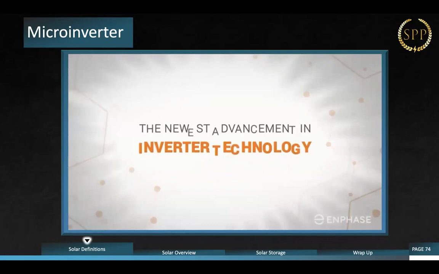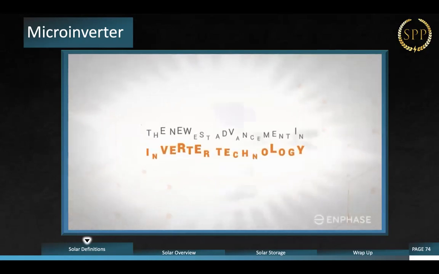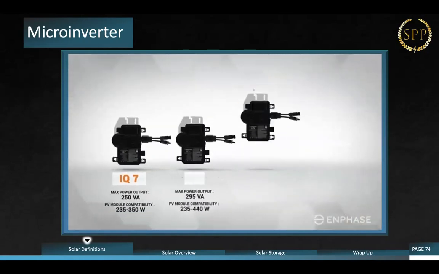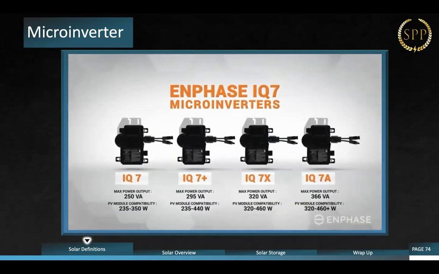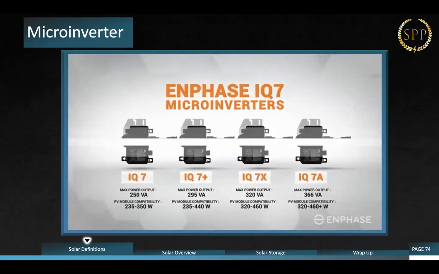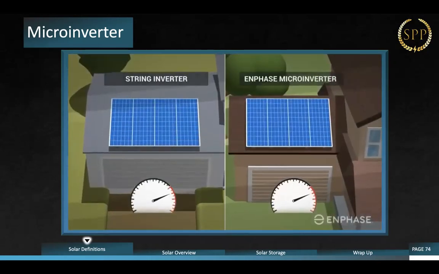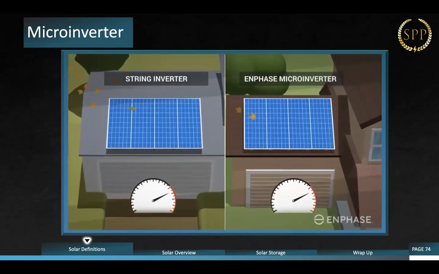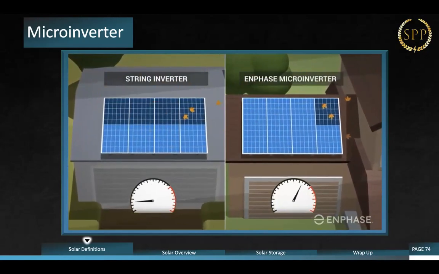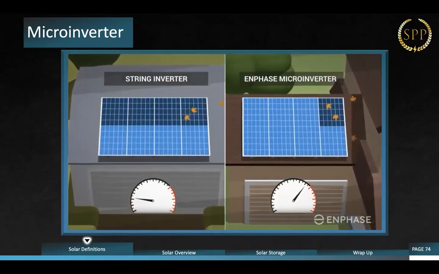The newest advancement in inverter technology, the Enphase IQ7 microinverter, is a powerhouse. It is available in multiple configurations, engineered to meet the needs of residential and commercial systems. Don't let the lighter and more discreet form factor fool you. With the IQ7 microinverter series, you get consistent high-power production, even when panels are shaded or soiled.